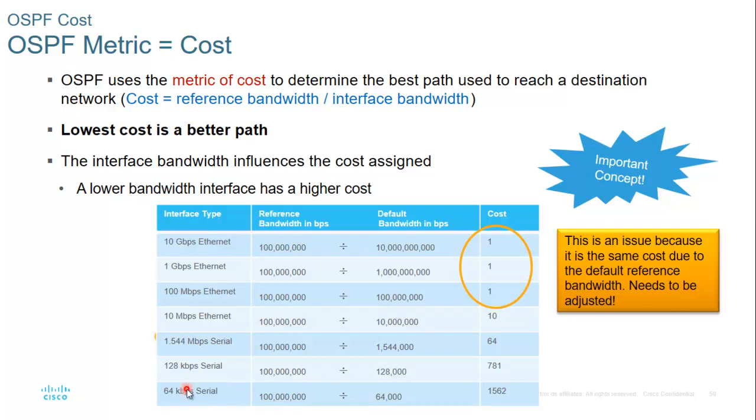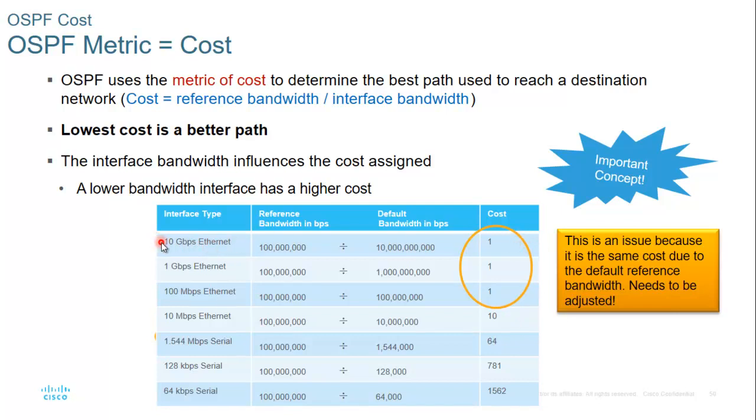So if you look at this table, an interface running at 64 kilobits per second serial has a cost of 1,562. A 10 megabit per second Ethernet interface has a cost of 10, and then 10 gigabit per second Ethernet has the cost of 1.